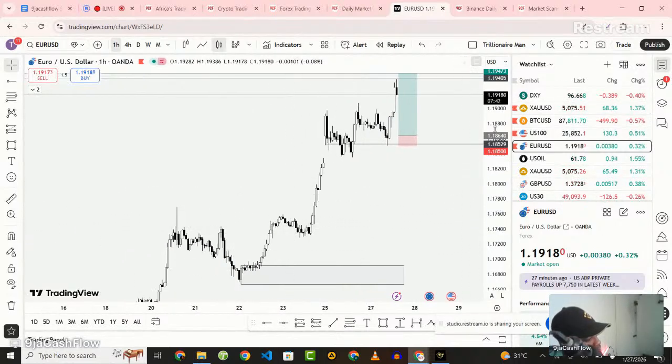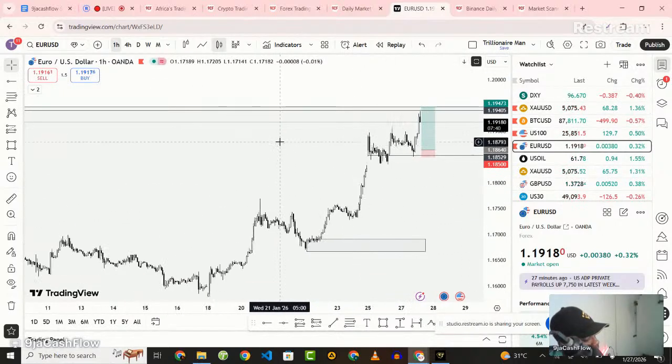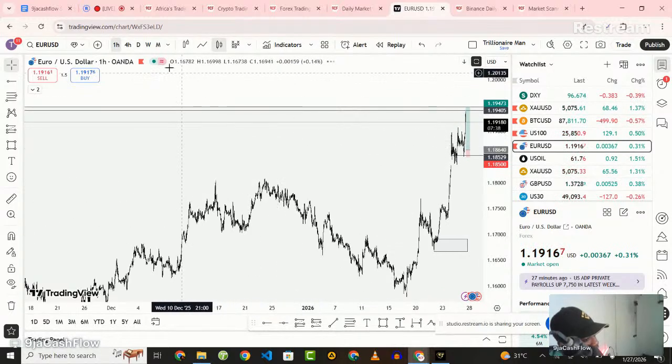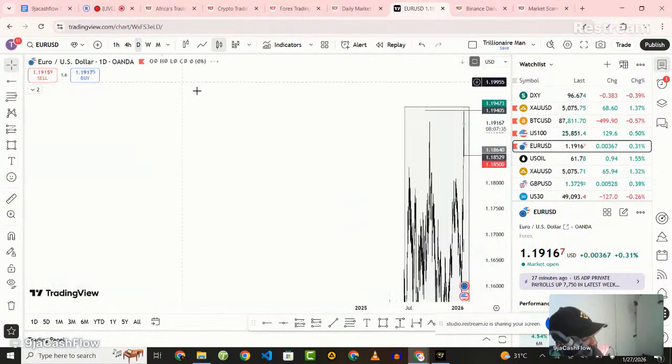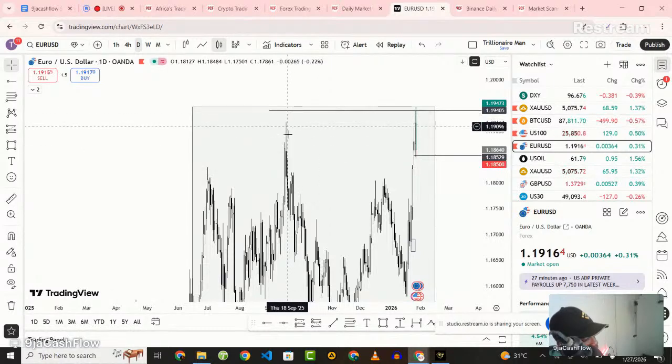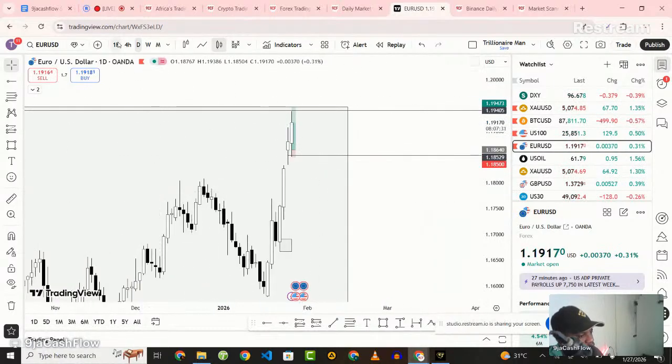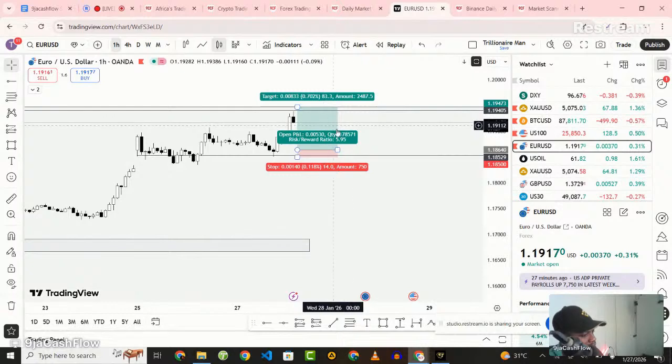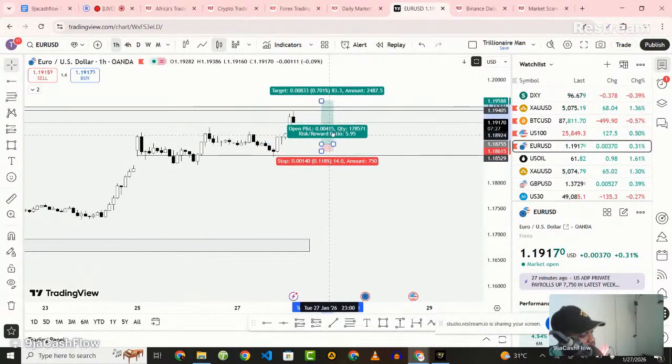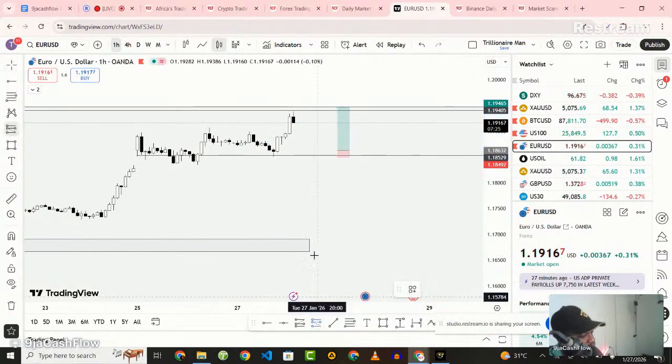So Euro took out liquidity here, took it out on the daily time frame, took it out here as well. So I think it's better to look at the potential sell trade on Euro.